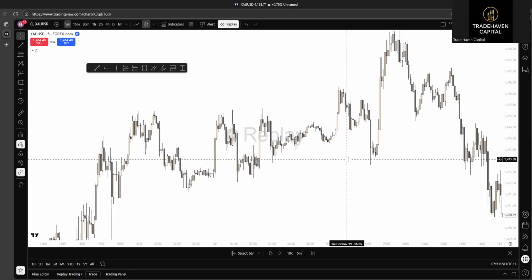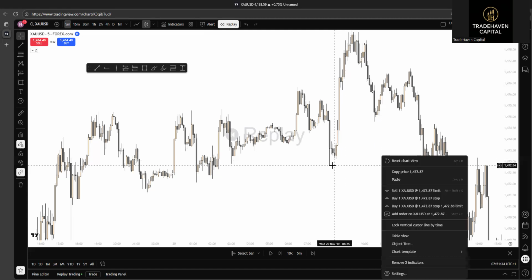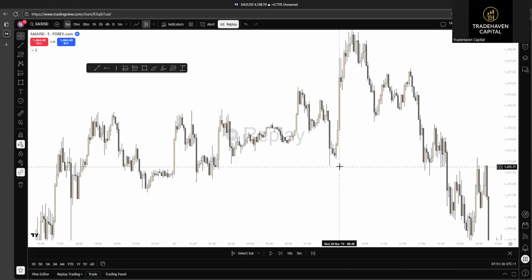So price pushes up, pulls back, pushes up again, or in the inverse direction, it can push down, pulls back, which is what we call a retracement, and then it can push back down again.